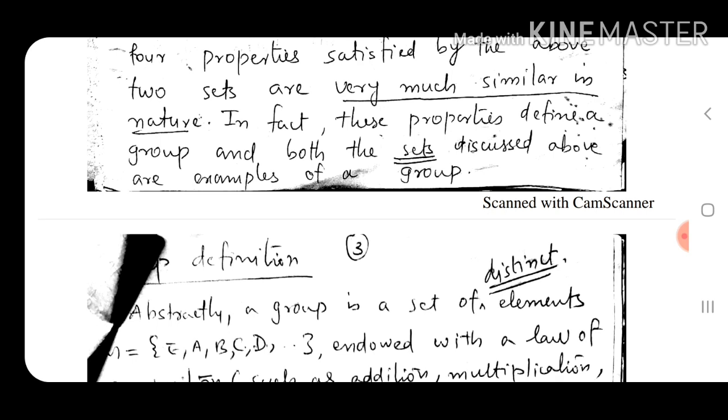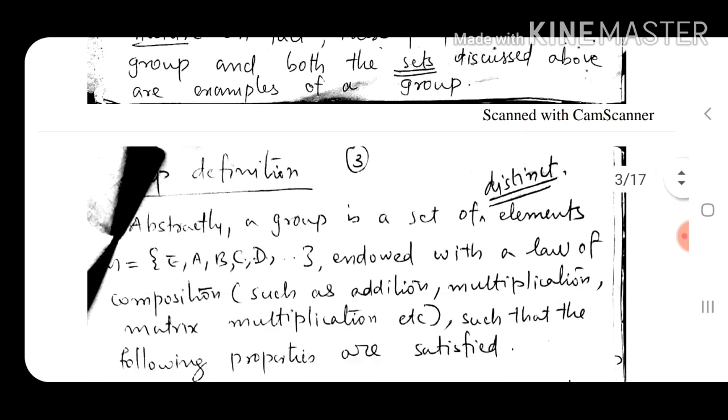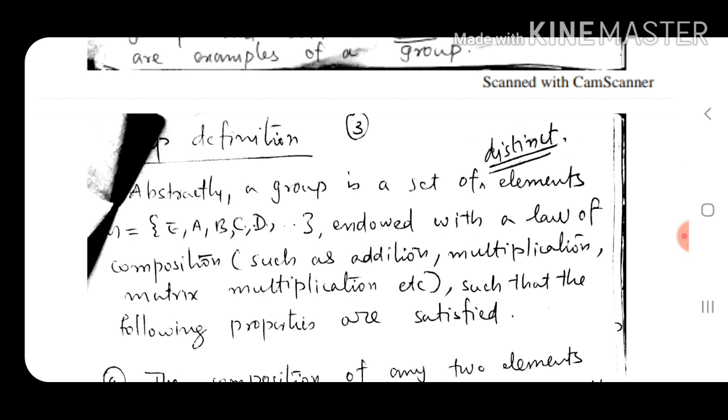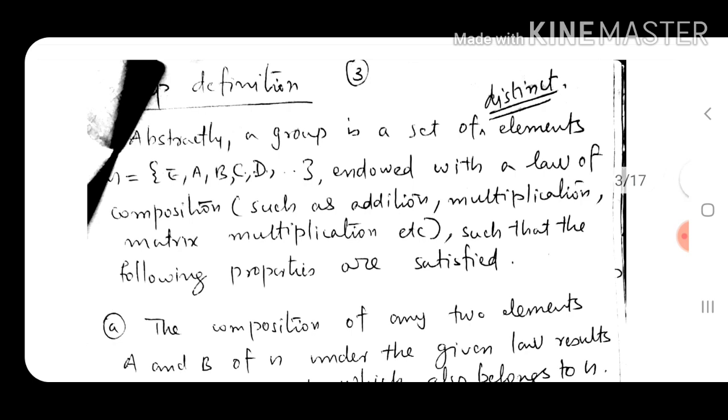Both sets, the set of integers under addition and the set of unitary matrices under matrix multiplication, are examples of a group. So now we are in a position to define a group. So what is a group? A group is a set of distinct elements.